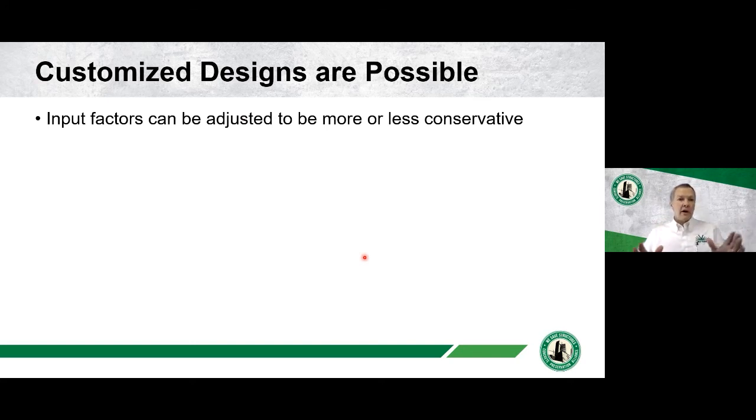The tables are helpful and they make it very easy to do designs, but there are assumptions that are built into the tables, and I would say in most cases they're probably fine, but if you want to change them for some reason, customized designs are possible, and you can adjust the input factors to either be more conservative or less conservative depending on what your project situation is.